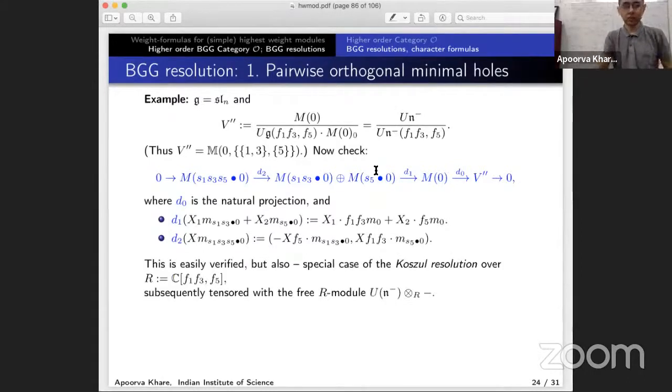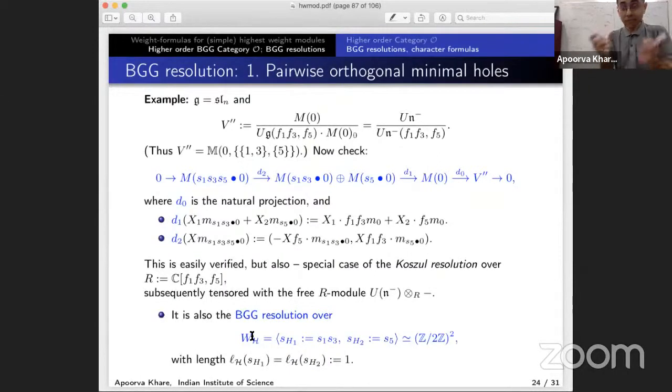Okay, you can explicitly verify this by hand, but rather you should remember that this comes from the Koszul resolution, and then you tensor this. And in this case, by the way, it is also the BGG resolution over the group Z2 cross Z2. But what are the generators? The Coxeter type generators are a length 2 word and a length 1 word, meaning a simple reflection and a non-simple reflection.